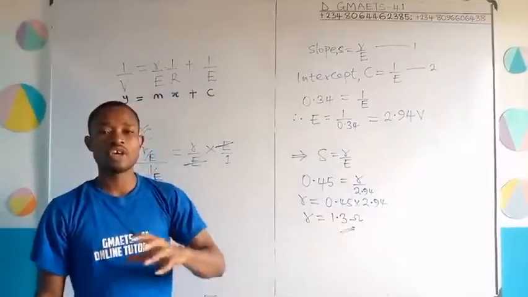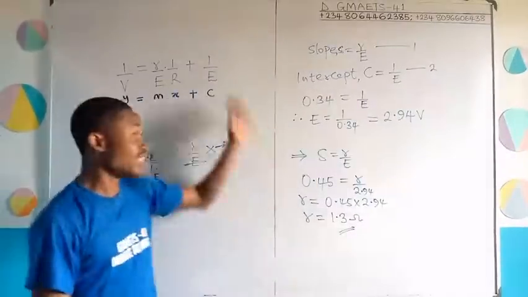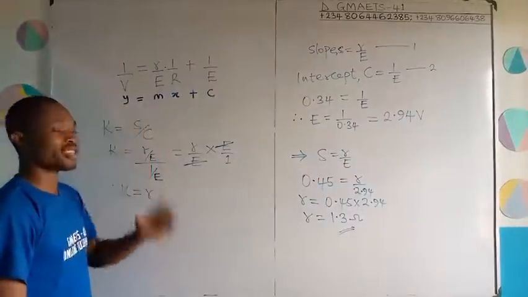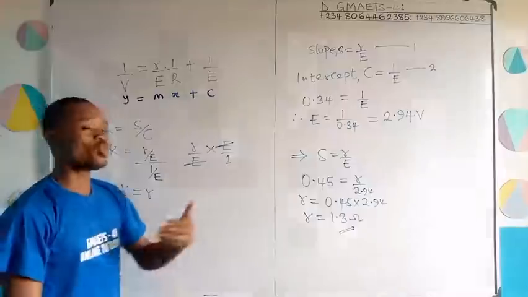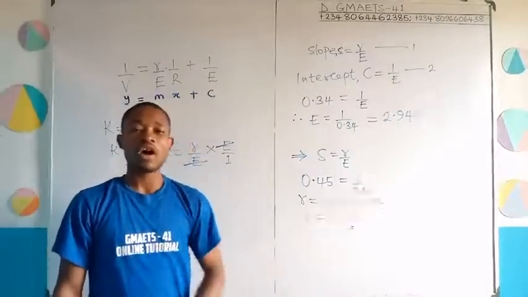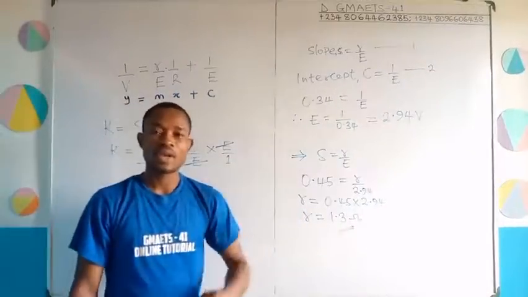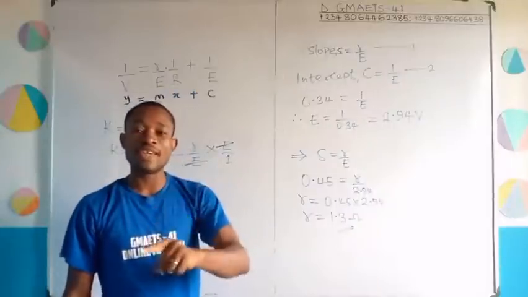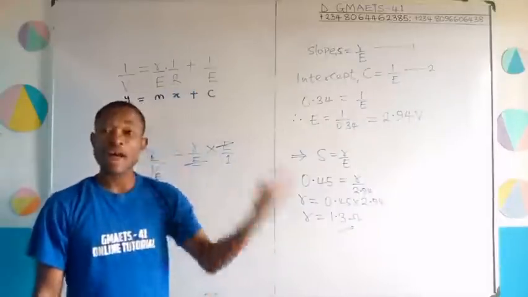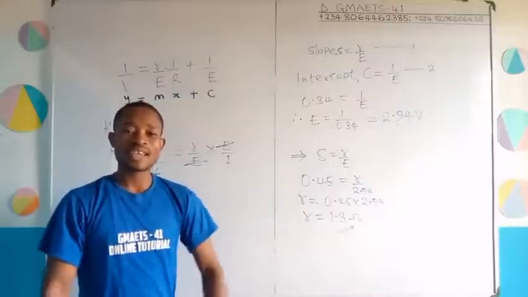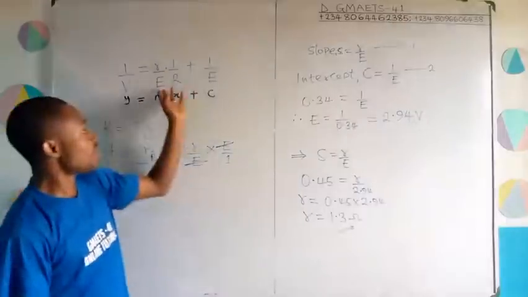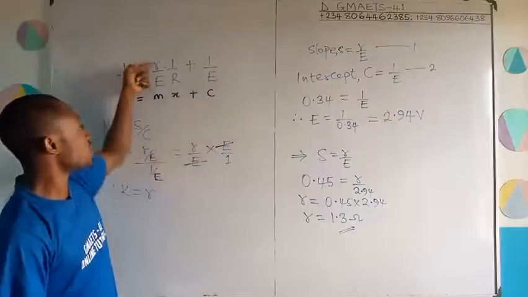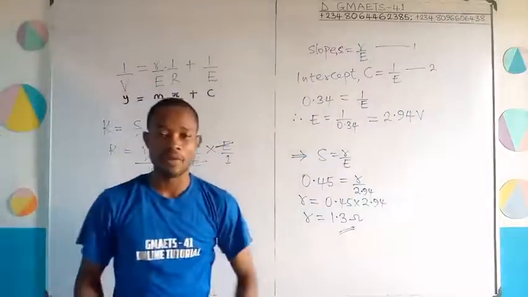Remember that the instruction could follow this analysis I have done. Instead of telling you to evaluate K equal to slope over intercept, you might just be asked to evaluate the electromotive force of the cell from the intercept, and also determine the internal resistance of the cell from the graph, okay? And of course, to get all these from the graph, the electromotive force will be obtained from the intercept, and the internal resistance from the what? Slope of the graph.